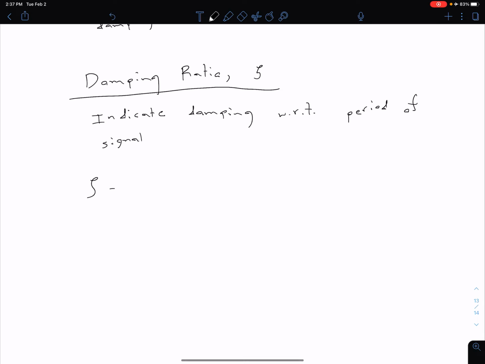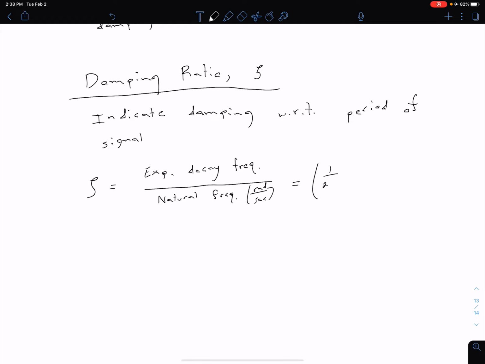So we can say that our damping ratio is equal to our exponential decay frequency divided by our natural frequency. This natural frequency is typically going to be in radians per second. We could also express this as 1 over 2 pi, which converts this natural frequency in radians per second to a natural period in seconds.